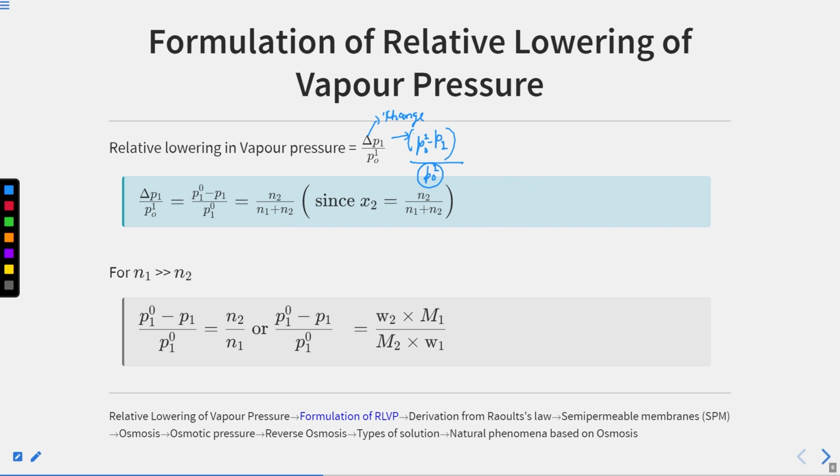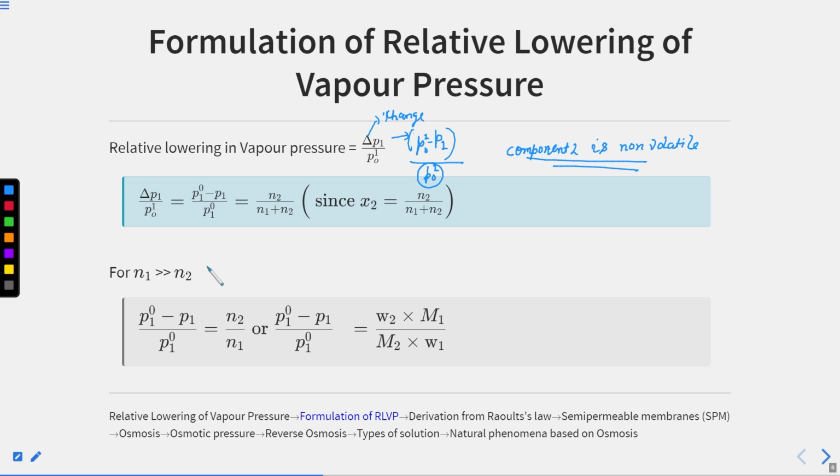Why am I saying it should be non-volatile? Because the lowering of vapor pressure is only the result of the addition of a solute particle which is non-volatile in nature. So it is equal to the mole fraction of component 2. How do we write the mole fraction? The number of moles of the second component divided by the total number of moles, which is N1 plus N2. So this is our formula.